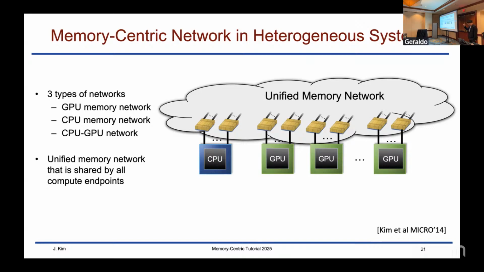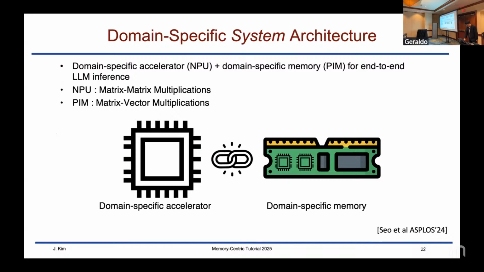But this sort of concept came back when we were looking at PIM very recently, and this is where we came across it again when we were looking at domain-specific system architecture. This is when we were trying to accelerate LLM inference. As everyone knows here, there are different types of kernels that need to be optimized.